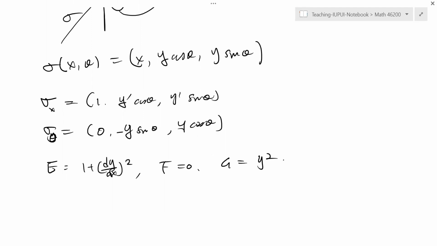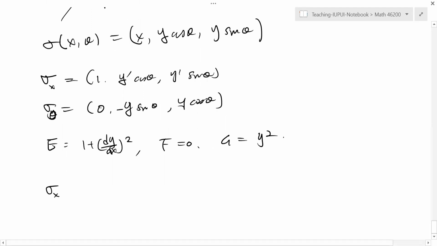Okay. So let's compute the normal curvature. Okay. This is i, j, k. I'm going to get dy/dx cosine theta, dy/dx sine theta.